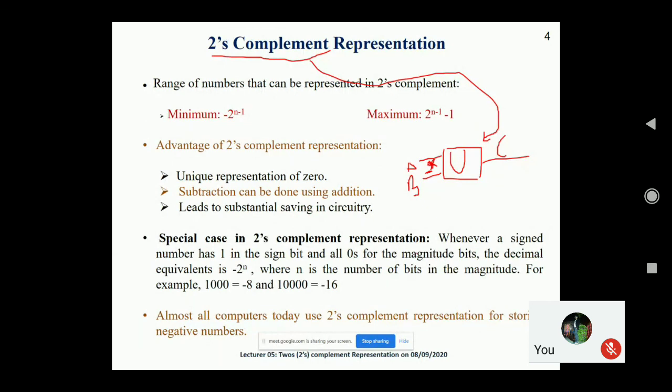Now, what is the one particular special case in the 2's complement representation? This particular point is very important.